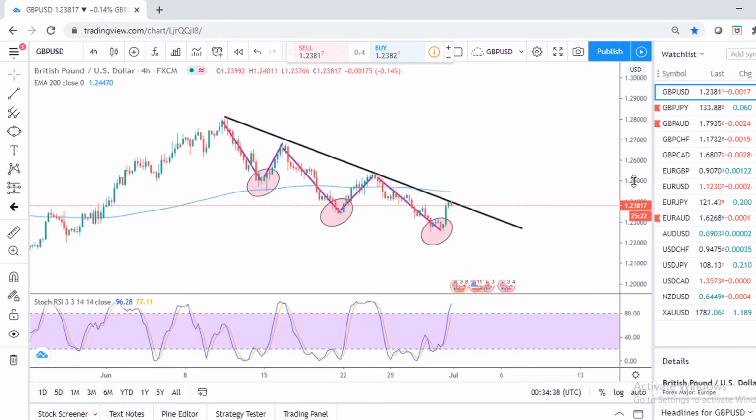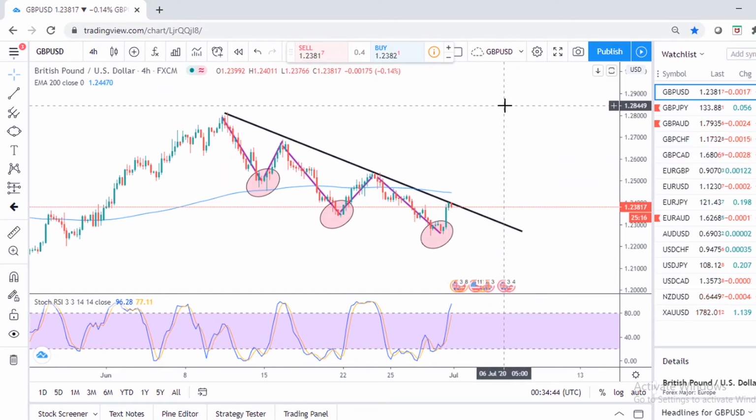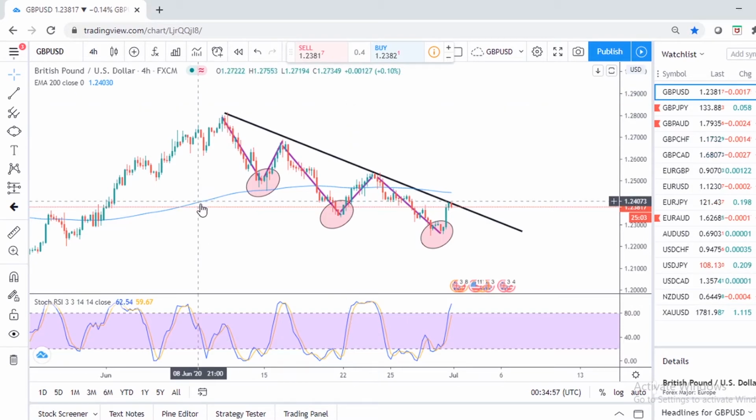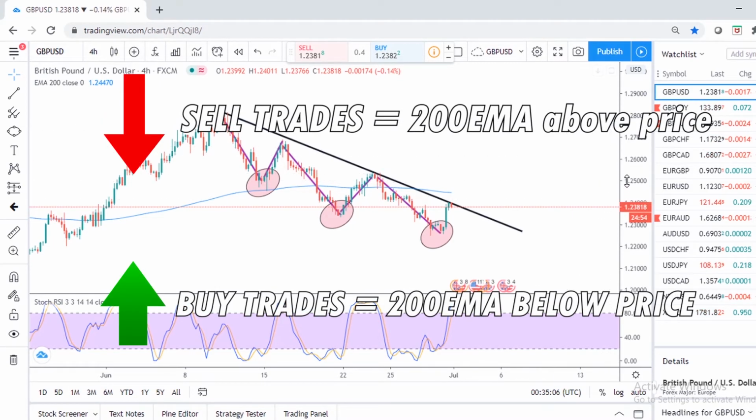Okay. So, going back to my confluence, right? Ang unang-una kong tinitingnan is dapat may trend. Pangalawa, dapat yung moving average ko, which is 200, if I am planning to sell, dapat yung moving average ko na 200 EMA is above the price.